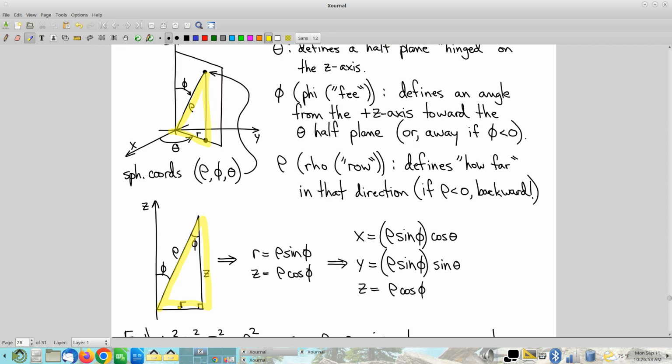So looking at this little triangle, notice that the base of the triangle, that base is what in cylindrical coordinates we would call r. And easy to observe, of course, that this angle being phi, that makes that angle there also phi.